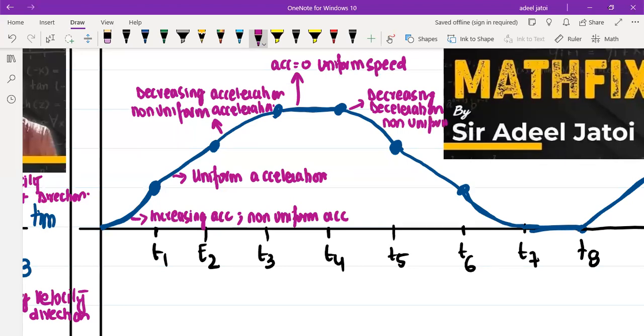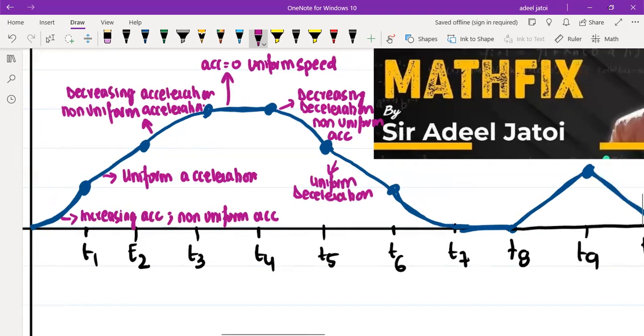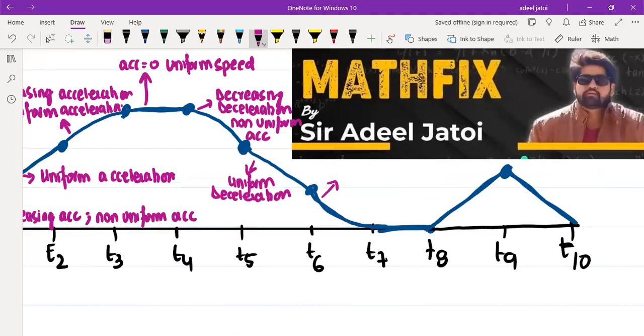From T5 to T6, uniform deceleration. Now, lastly, T6 to T7 is decreasing deceleration.